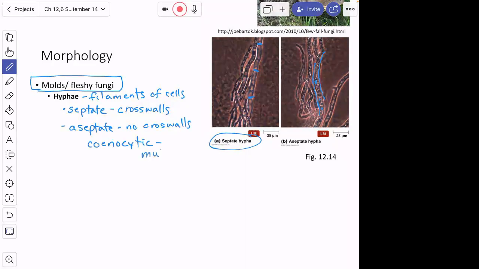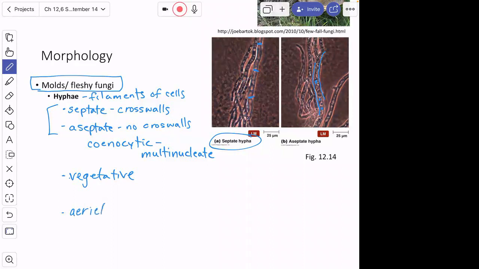And that means they're multinucleate. All right, so hyphae are either going to have cross walls or not have cross walls, and they are also either going to be vegetative or reproductive.